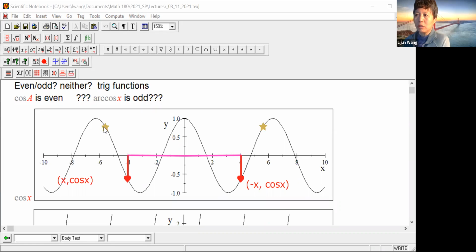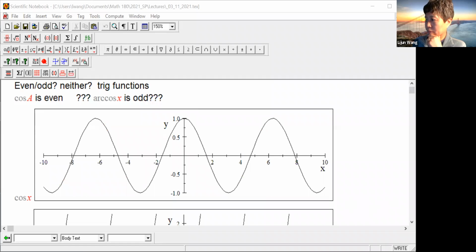So the word for in the definition really means whenever. Cosine is even, confirmed. You can also see this from the perspective of the unit circle. I will take you there after this picture.